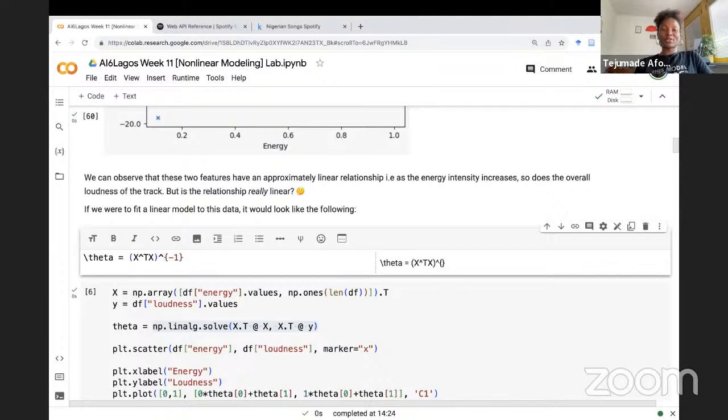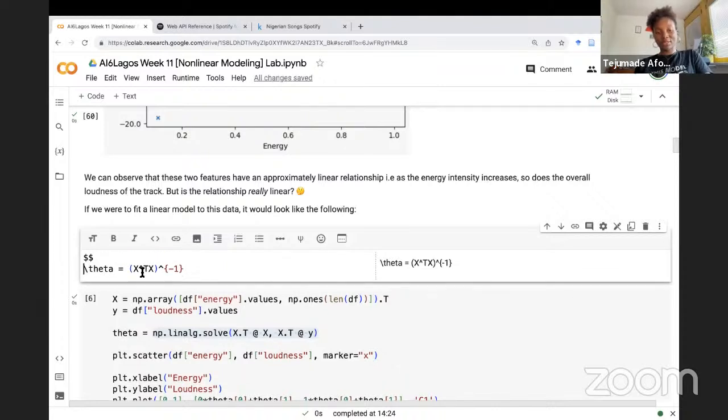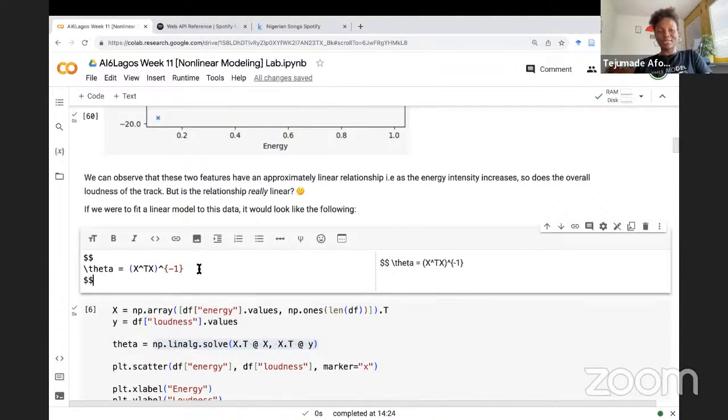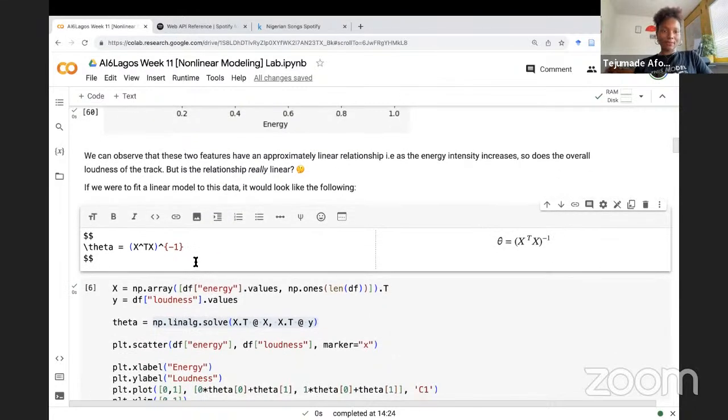I know it because it's very important to know as a researcher. Otherwise, as a researcher in computer science, you cannot write papers easily. So X transpose X inverse, then X transpose Y, right? This was the formula. Remember this formula, right?